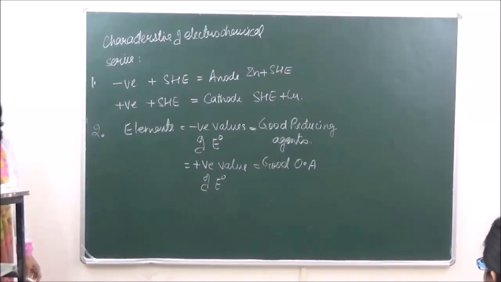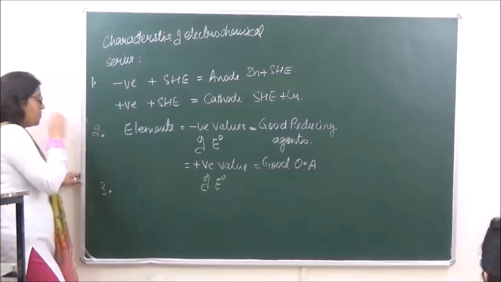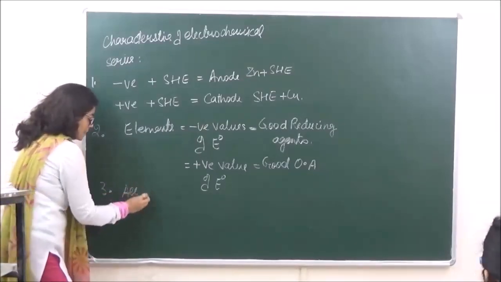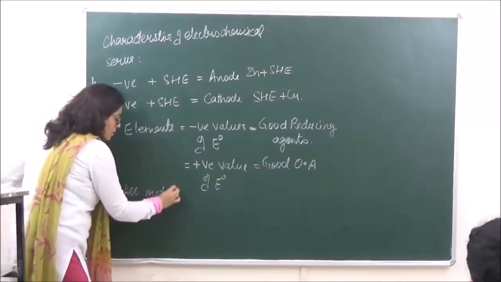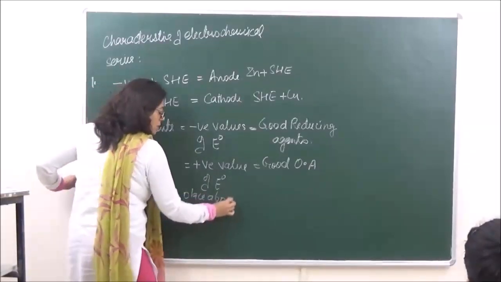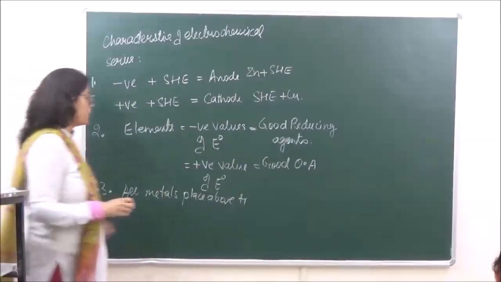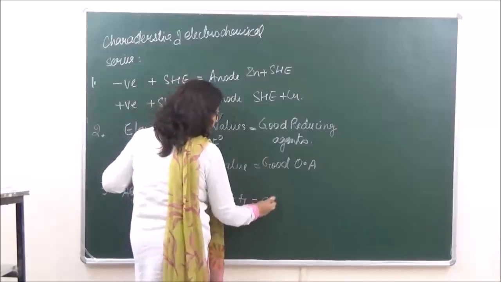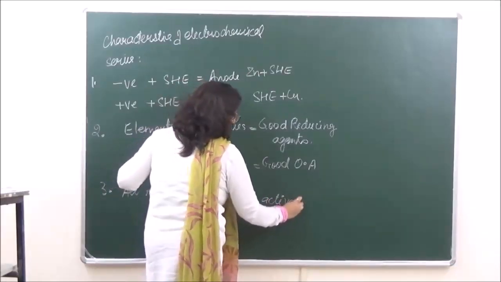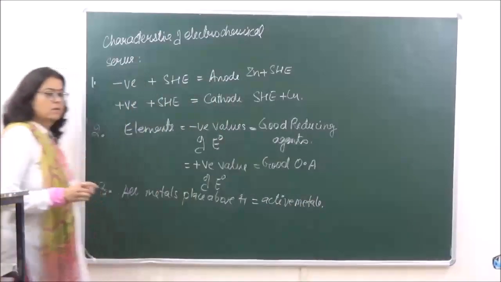Then number 3, all metals placed above hydrogen, that is, all those having negative values of reduction potential, are active metals.